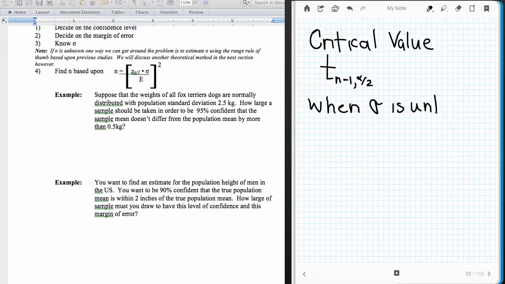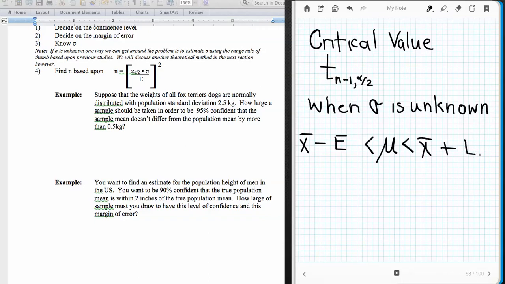But other than that, the confidence interval that we're building forms exactly the same way. So our population mean is going to be between the sample mean minus a margin of error and the sample mean plus the margin of error.